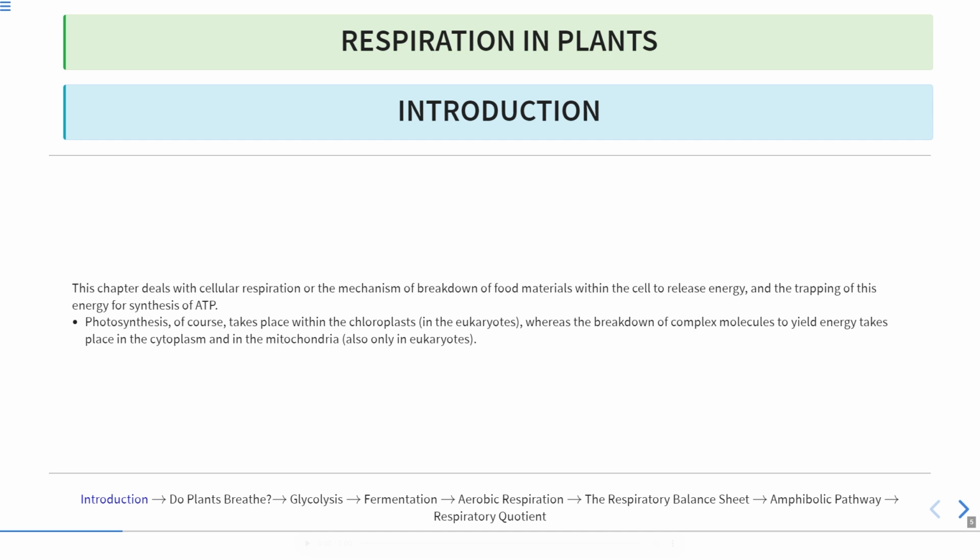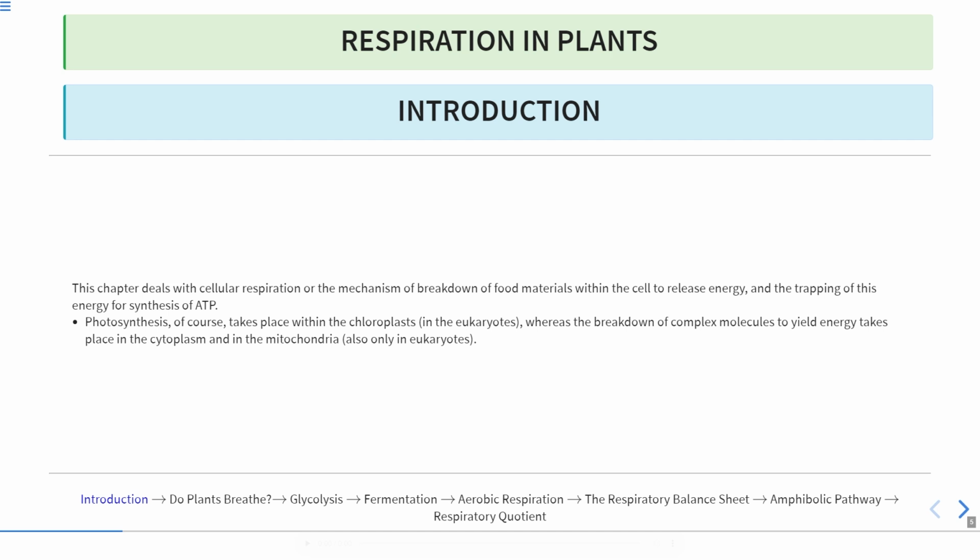And we will also talk about the mechanism of breakdown of food material, how the food materials are broken down within the cell so that they can release the energy. Okay. And the trapping of this energy for the synthesis of ATP. The energy that has been released will get trapped and stored in the form of ATP. So ATP will get synthesized.